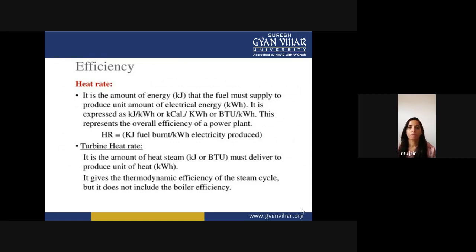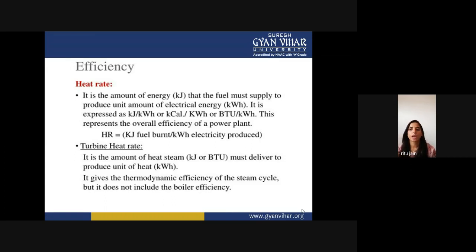Hope you can understand. Suppose the amount of energy is in kilojoule, and from that amount of energy you are getting 1 kilowatt hour, 1 unit. If you are getting 2 kilowatt hour, that means 2 units. From this amount of energy you are getting the units, that is your heat rate.